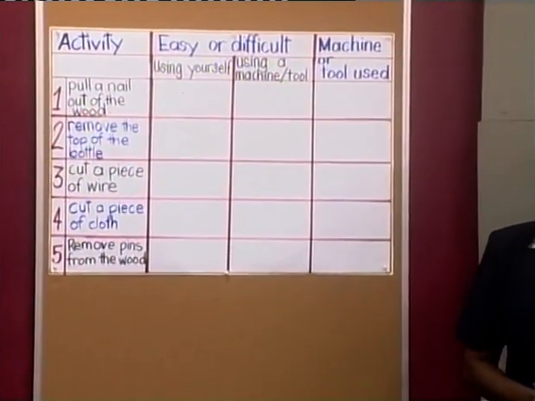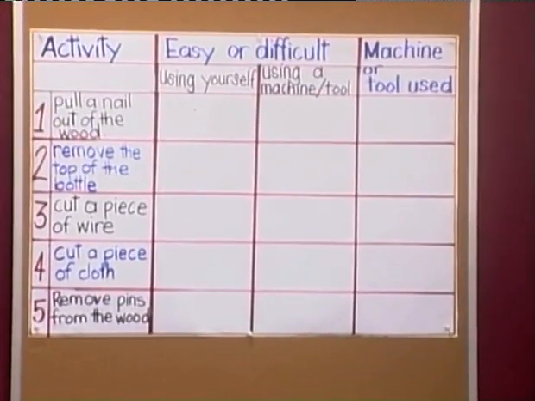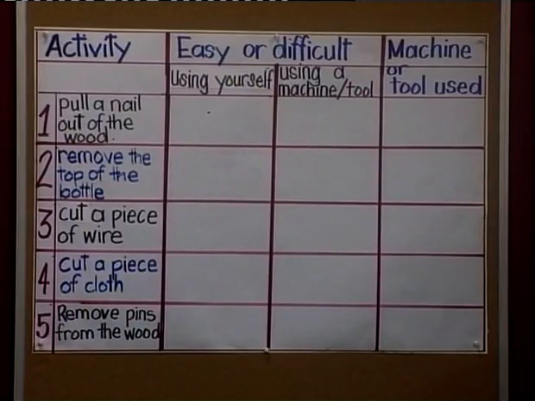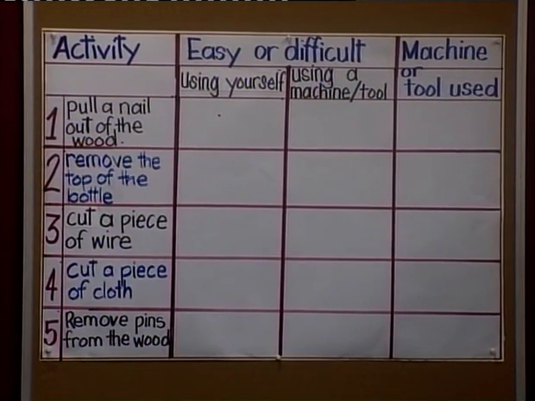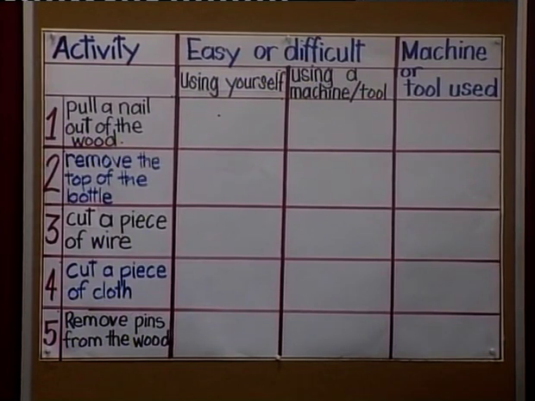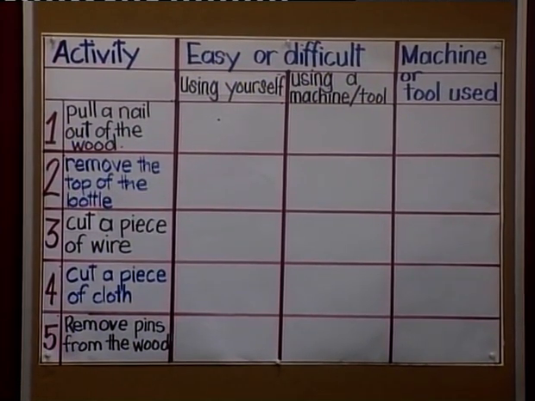And the first column says using yourself. To pull a nail out of the wood. Messi, were you able to do that yourself? No, it was difficult.